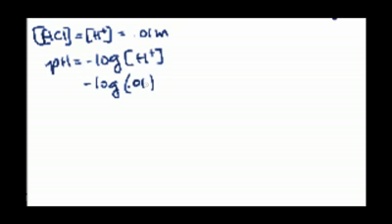If you do that on your calculator, you get 2.0. I could have used algebra: this would be negative log base 10 of 10 to the negative 2, and the exponent comes down in front with the negative sign, giving you a 2. Didn't even need your calculator.